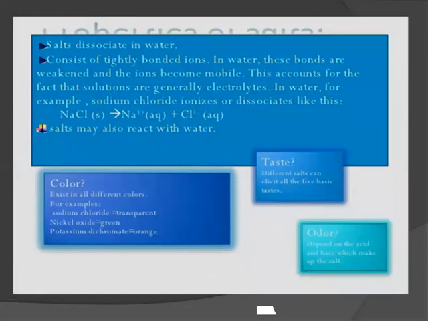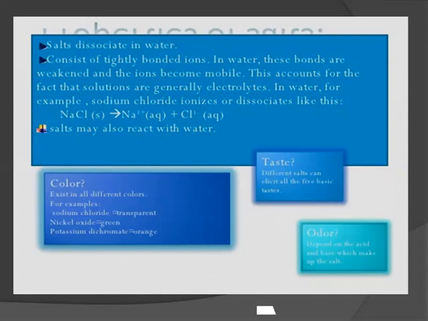In water, these bonds are weakened and the ions become mobile. This accounts for the fact that solutions are generally electrolytes. In water, for example, sodium chloride ionizes or dissociates into sodium ion and chloride ion.